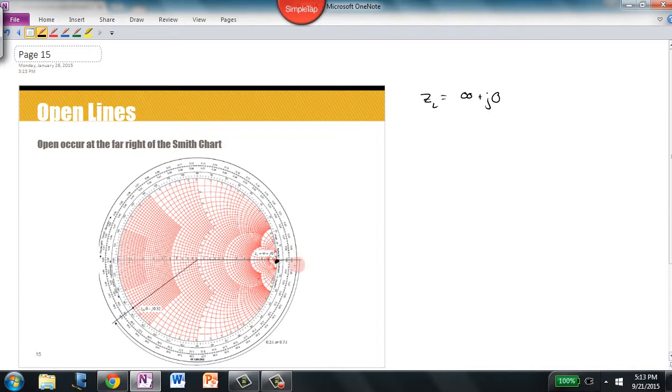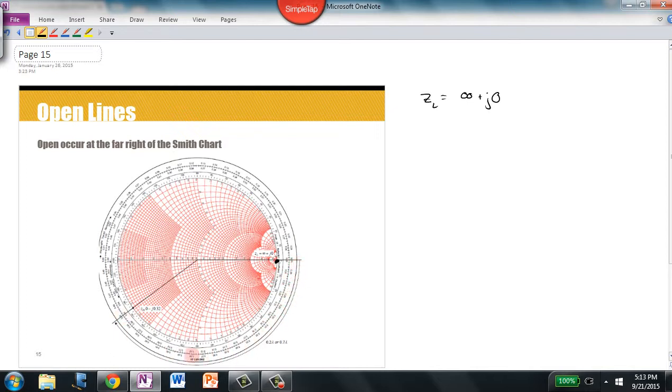Maybe that doesn't make sense to you guys, so I'll show it graphically real fast. If I were to rotate 0.7 lambda, it would be 0.25 lambda, 0.5 lambda, 0.7 lambda, right? So every 0.5 lambda just gets me back to where I started. So if I'm rotating 0.7 lambda, really I'm just rotating 0.2 lambda.